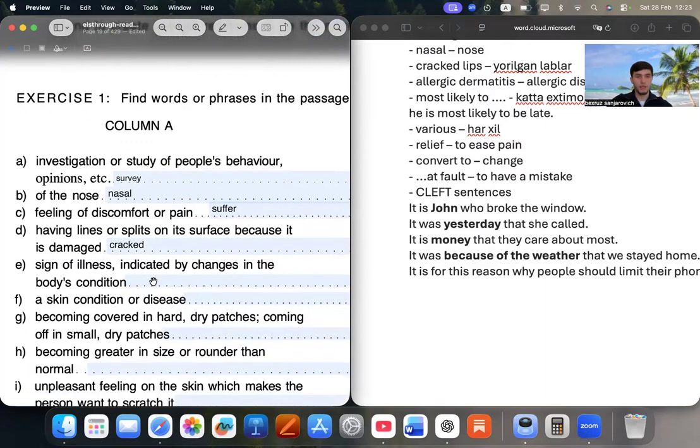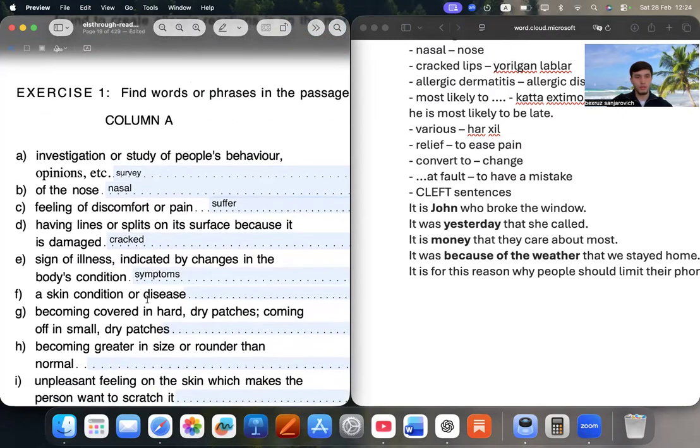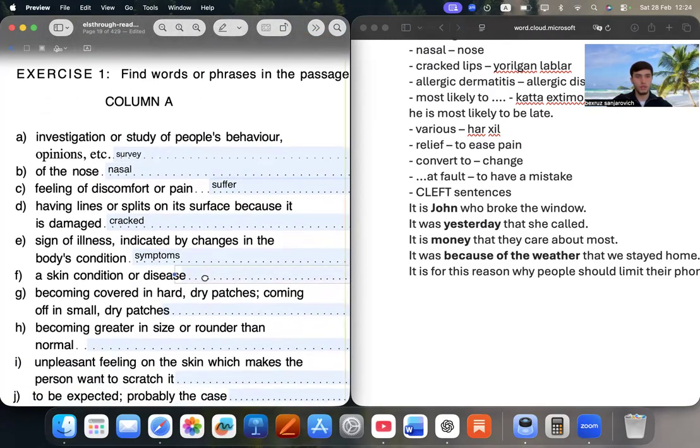Signs of illness indicated by changes in the body's condition. Symptoms. A skin condition or disease. Dermatitis.